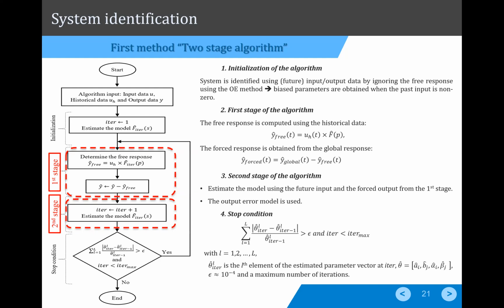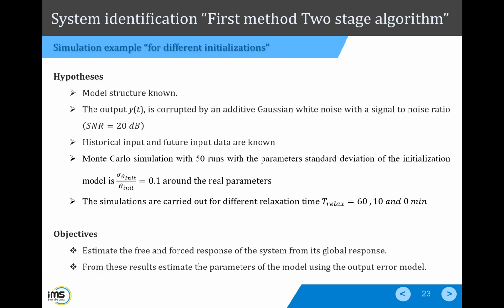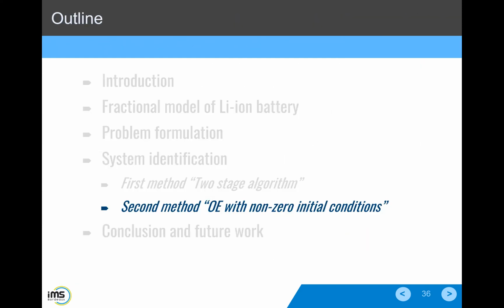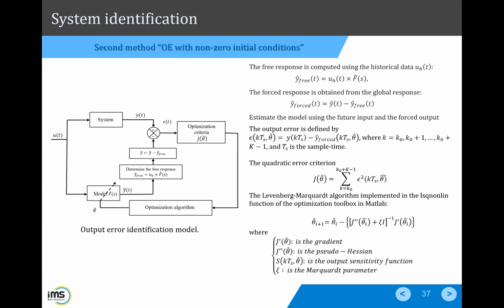Maybe he can try to explain the second one. For the second one, we use the same technique. Maybe you can show the other algorithm. So here in the second method, it's the same as the first method, but here we estimate the free response at the same time as the parameters.